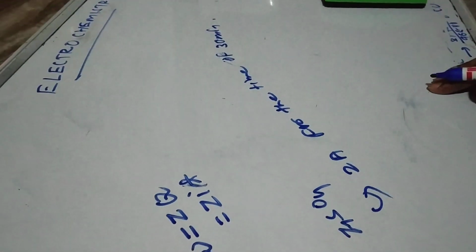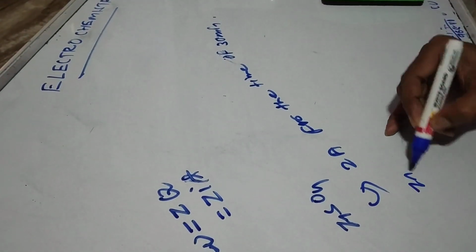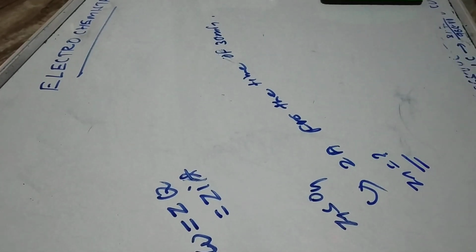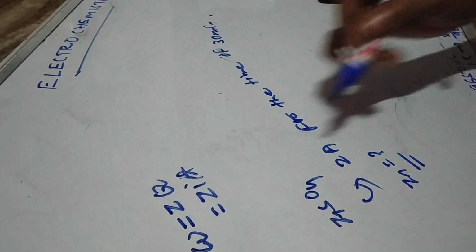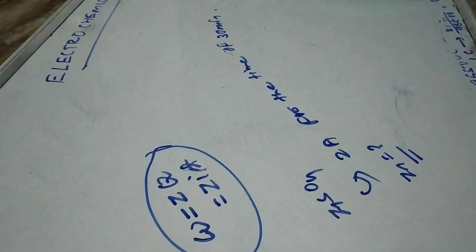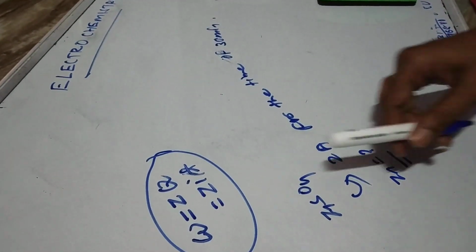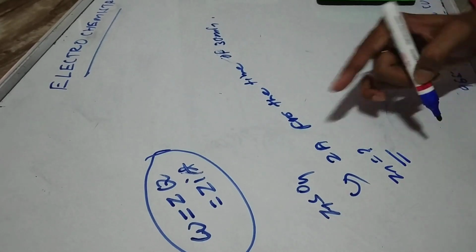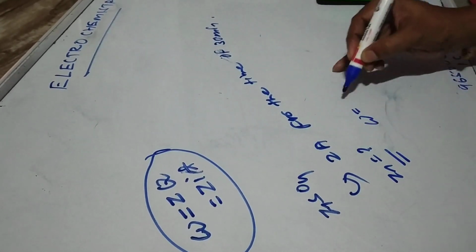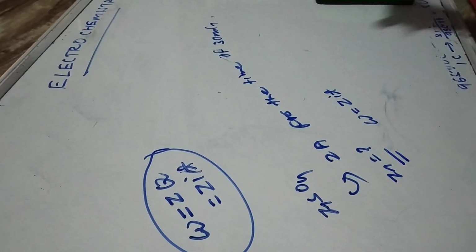And you want to find out how much zinc will be deposited at the electrode. Then again we can use the first law of electrolysis. Because we want to find out the amount of zinc deposited, that is the W we want to calculate. So we can put this formula, W is equal to Z into I into T.